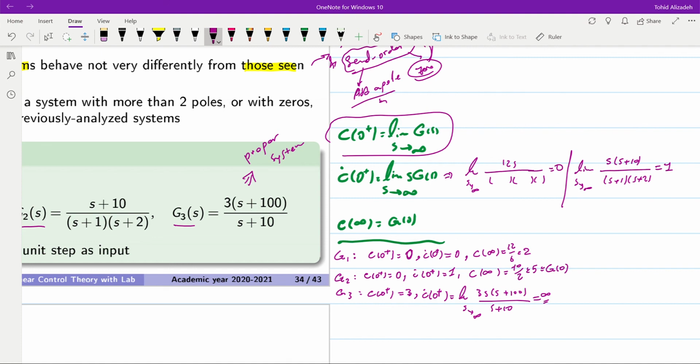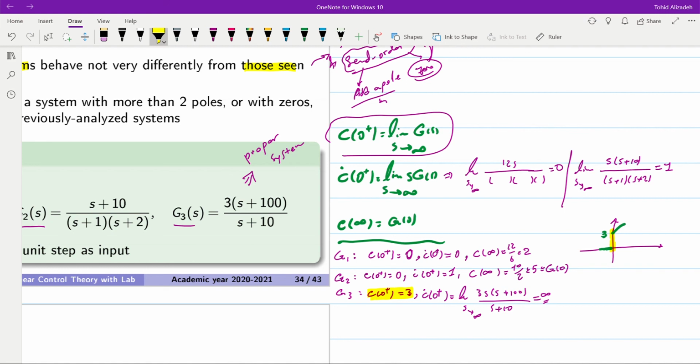Okay, but we need to keep in mind that c at 0 plus is equal to 3. So for this system, the step response is not continuous at time equal to 0. It was 0 here, and then suddenly it jumps to 3, and it continues. So right at this t equal to 0, we have a discontinuous step response for the system.